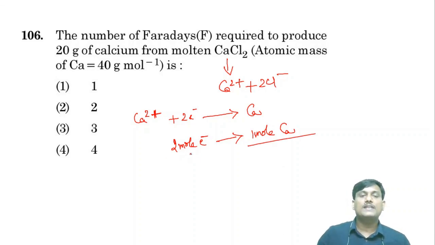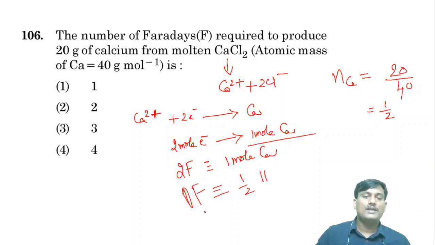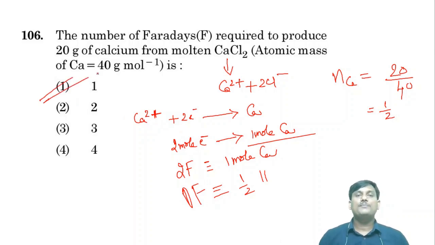What is the charge of 1 mole of electrons? 1 Faraday. So 2 Faradays are required for 1 mole of calcium generation. How many moles of calcium are generated? The number of moles of calcium is weight over atomic weight, 20 by 40, which is 1 by 2 mole. For 1 mole, 2 Faraday, so for 1 by 2 mole, 1 Faraday. 1 is the answer.